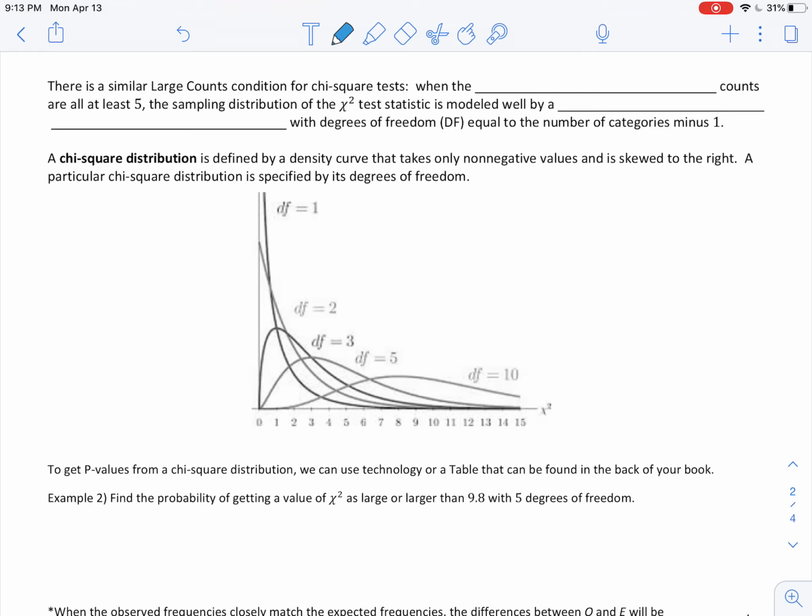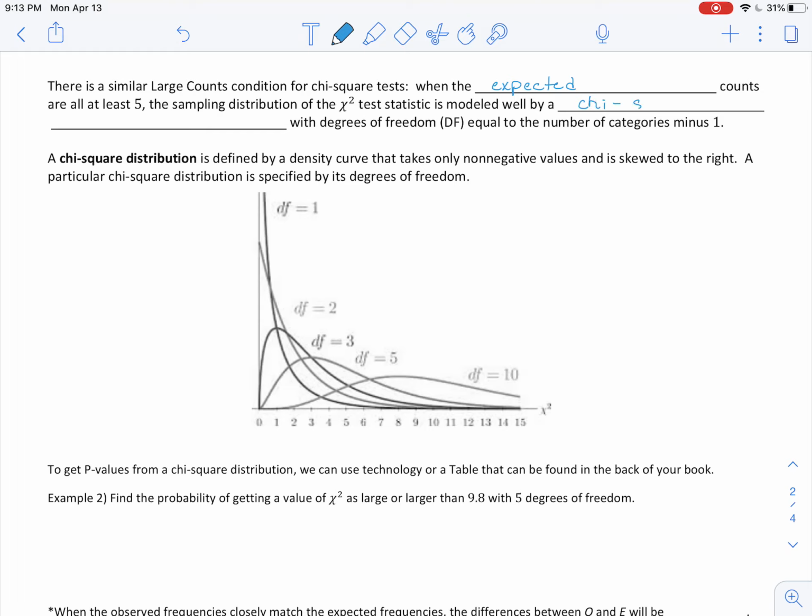We are going to end up using a chi-square distribution, which looks like this, to do this test. And just like there was a large count condition for our proportions test, there's a large counts condition for the chi-square test, but it's a little bit different. So it's going to be our expected counts.